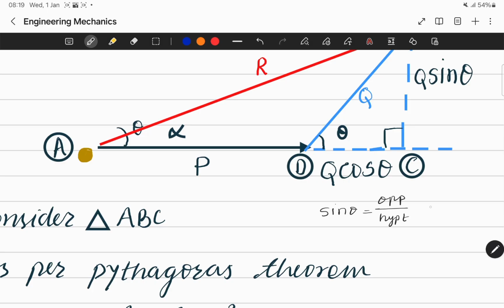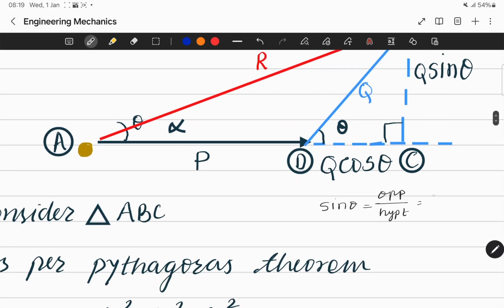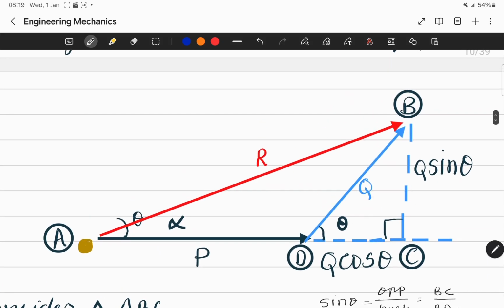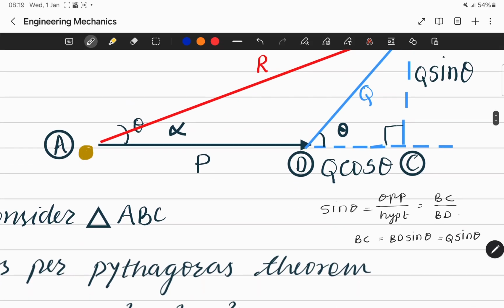In this case the opposite side is nothing but BC and the hypotenuse is BD. We want BC, that's why BC is equal to BD sin theta, and BD is nothing but Q, so BC is equal to Q sin theta. That's why BC is represented as Q sin theta.